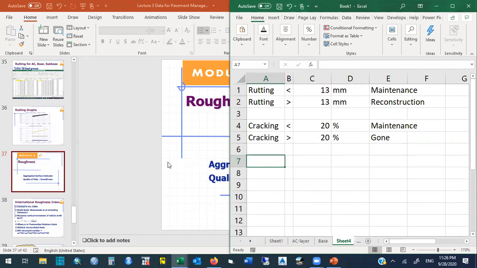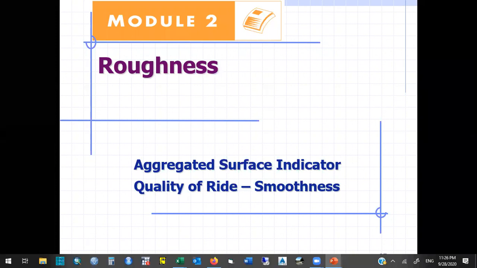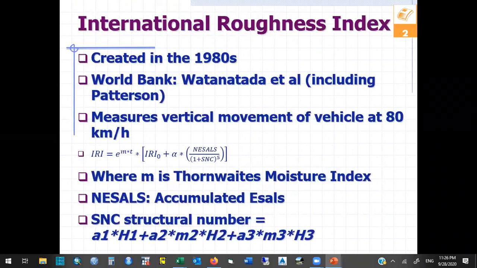We're gonna talk about roughness, but the roughness is an aggregated surface indicator that is really the quality of the ride. It was created in the 80s by the World Bank when they developed the Highway Design Manual 3, the HDM3. And it's based on a big equation.